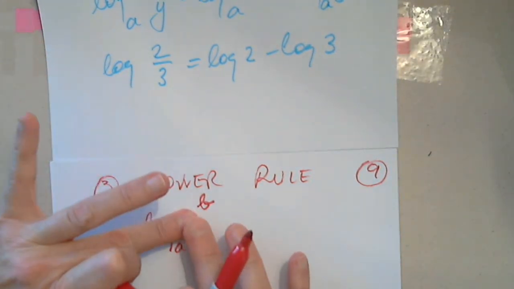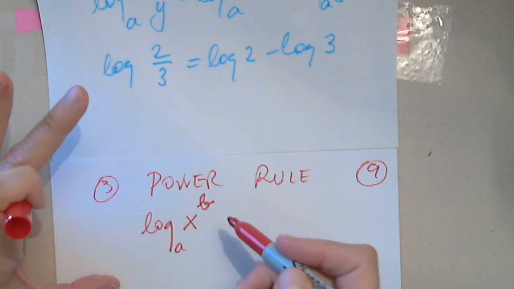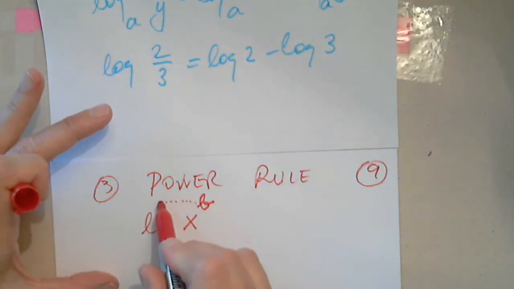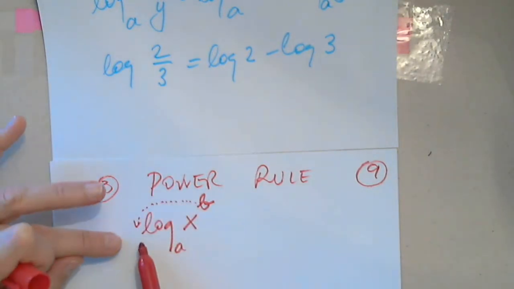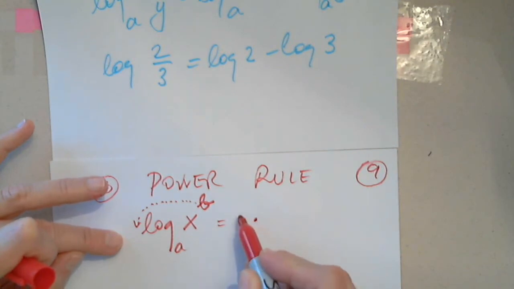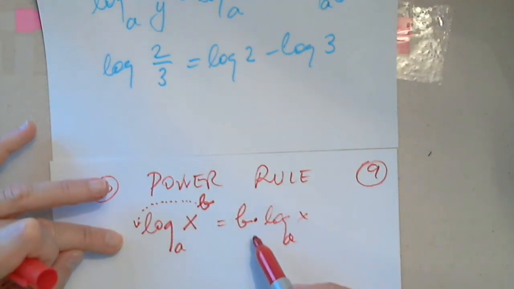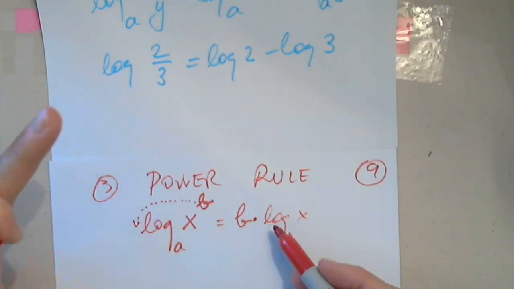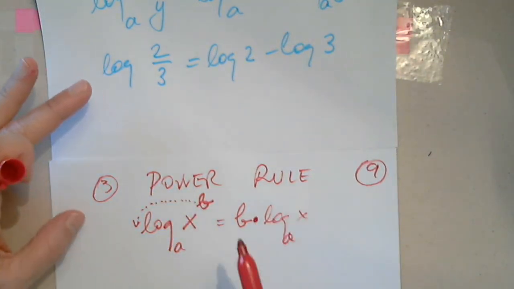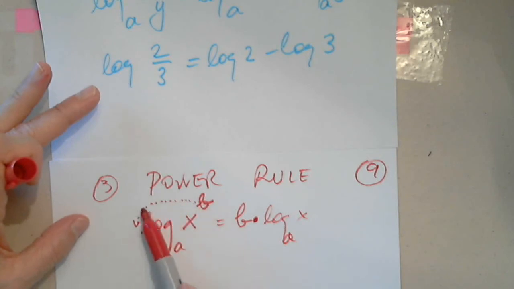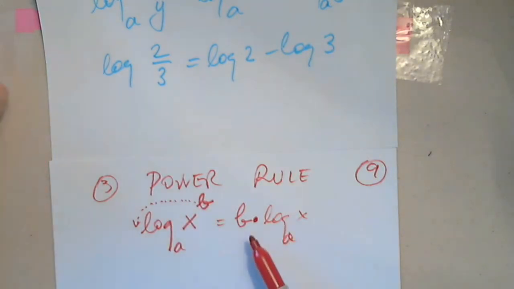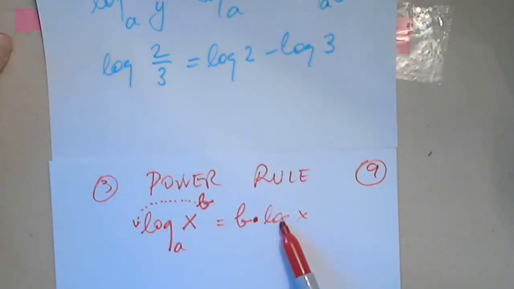Any quantity, doesn't have to be just x, it could be anything raised to a power. That power comes down as a factor, meaning it multiplies log. Do not confuse it or change it into a sum or anything else. It has to be a product. So when I bring something from the power in front, then I have to multiply by log.